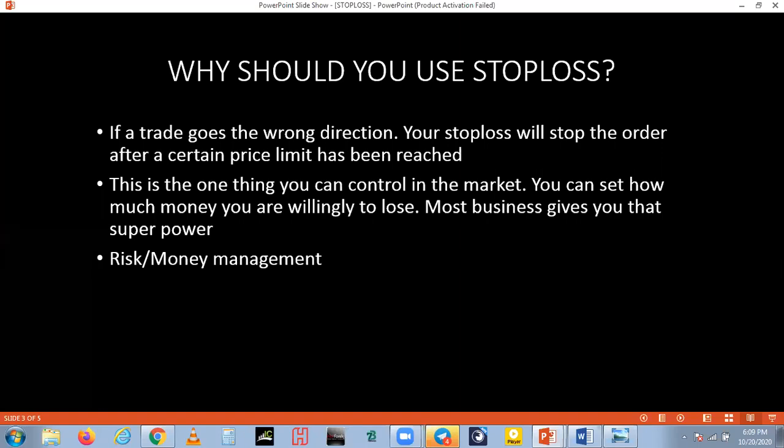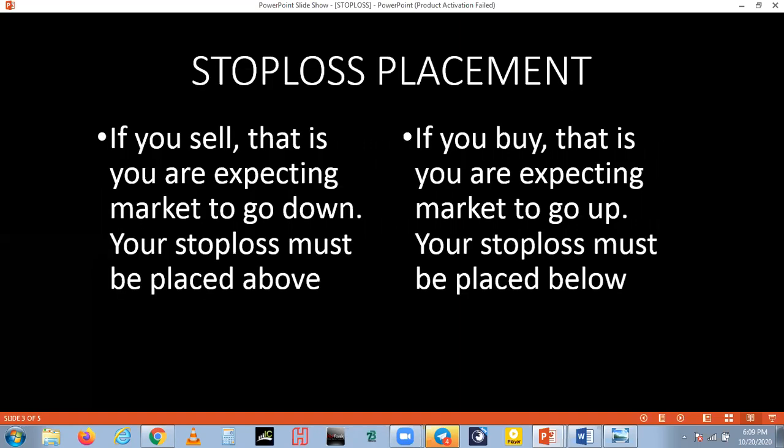But Forex gives you that superpower to say exactly, 100,000 naira is what I want to lose out of my 1 million naira. So that's the advantage you have over other businesses, and stop loss makes this a reality. So, risk and money management: when you use stop loss, it helps you manage your money or manage your risk. We're going to get to risk and money management after the advanced class. We're going to talk more about that.